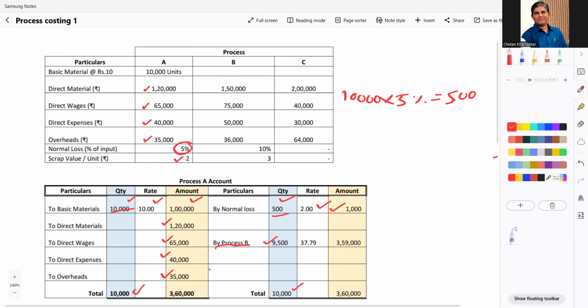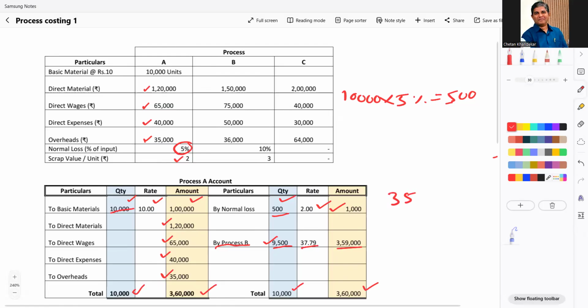If we take total cost, it comes to 3,60,000, and after deducting rupees 1,000 from this total cost, we'll get the total cost of output of process A. It is 3,59,000, and divided by 9,500 is equal to 37.79.